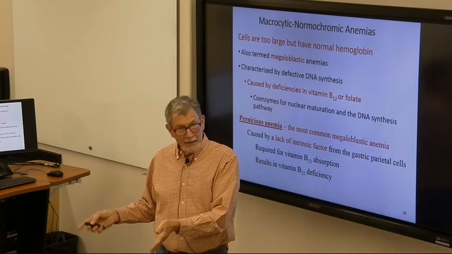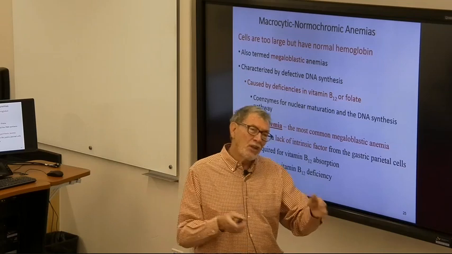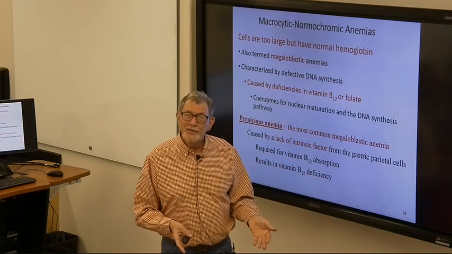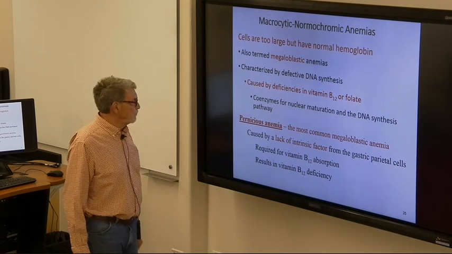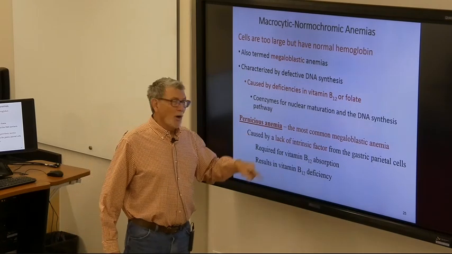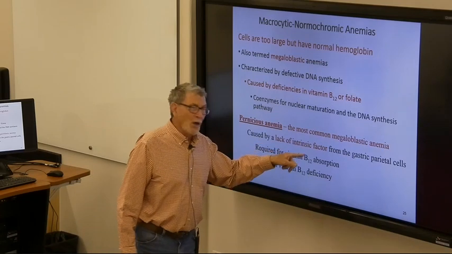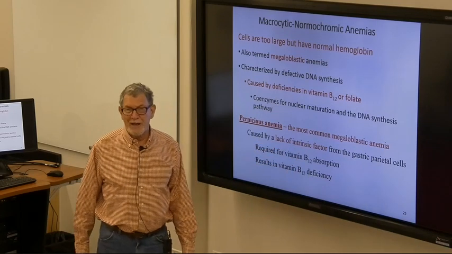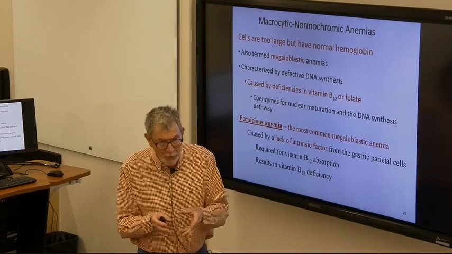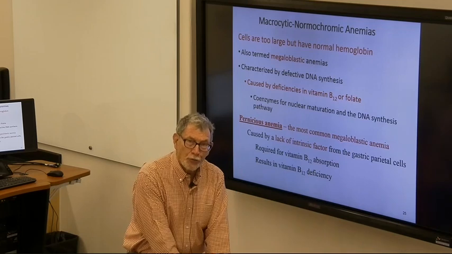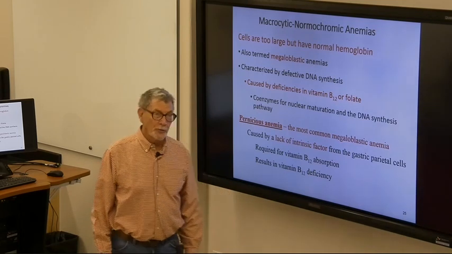If you've become a vegan and you're not careful about getting the vitamins that you normally get from meat, then you can develop a B12 deficiency. Most B12 deficiency, at least in Western countries, is because your stomach lining doesn't make intrinsic factor, or not enough of it. B12 has to bind to intrinsic factor and get absorbed in the ileum along with intrinsic factor.